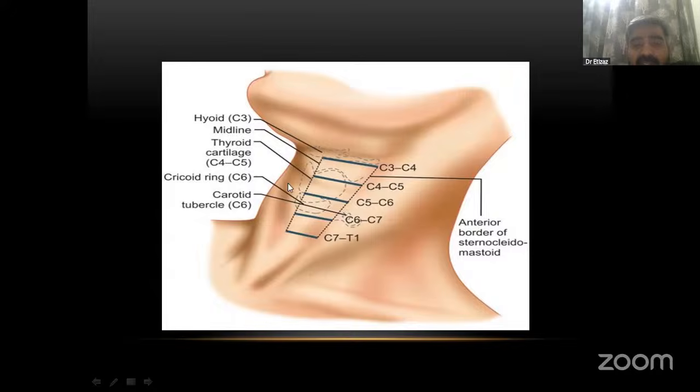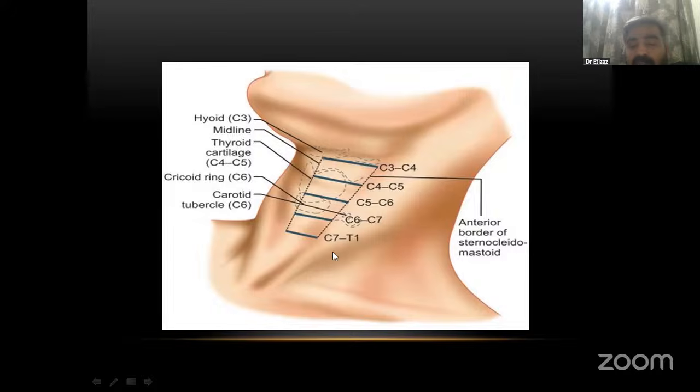At the level of C5-6, the cricothyroid membrane will be there. We can give the incision at the level of C5-6, or you can say just at the first tracheal ring. Lower to the first tracheal ring, there will be the incision for C5-6. At the C6 level, there are 2 levels.